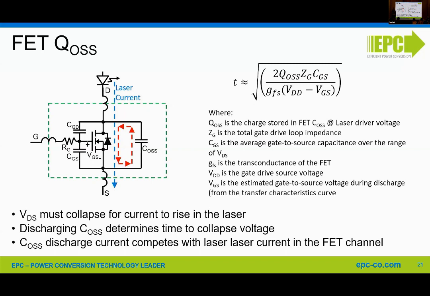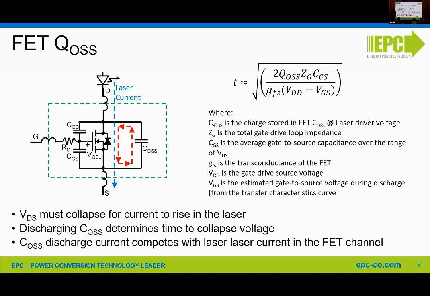That's also why you want to use the smallest device possible, because that has the lowest COSS. There is an equation that estimates the time associated with the COSS discharge, though there are a lot of assumptions in it.